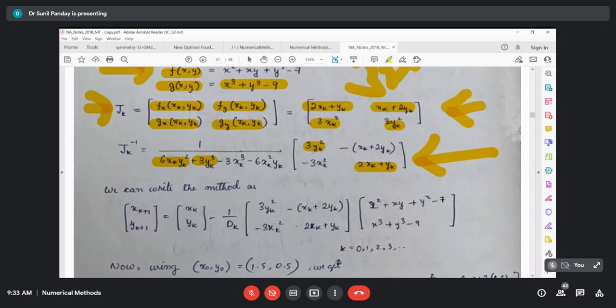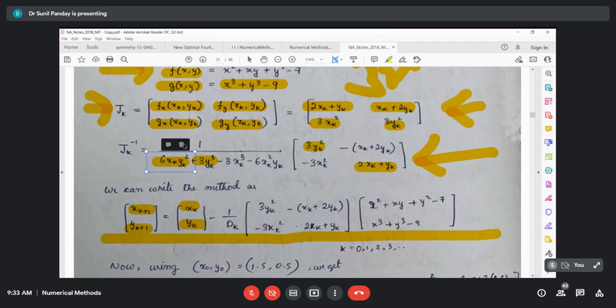Now you write your Newton-Raphson method for two nonlinear equations in two variables. x k plus 1, y k plus 1 is our next better approximation, and x k y k is the previous one. D k is the determinant of the matrix J k.